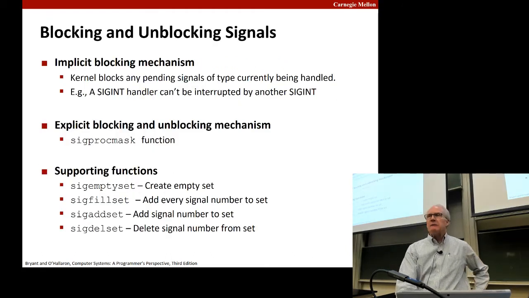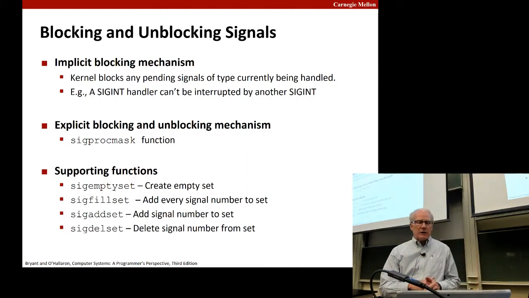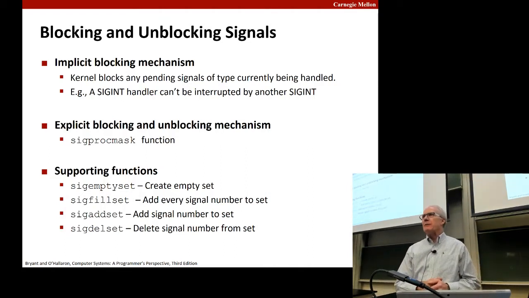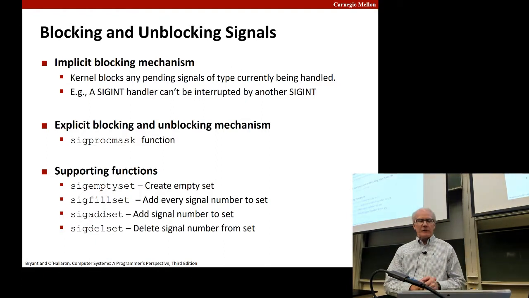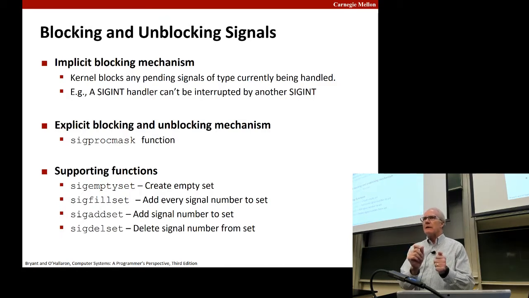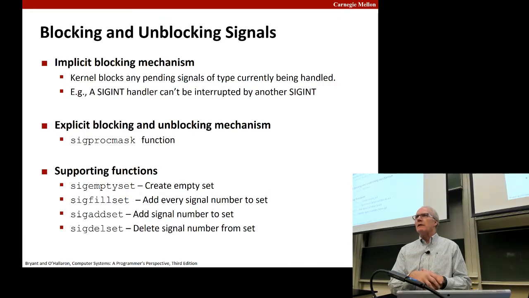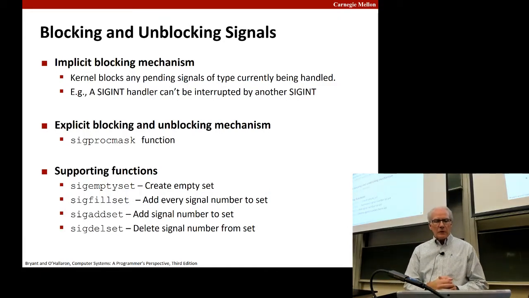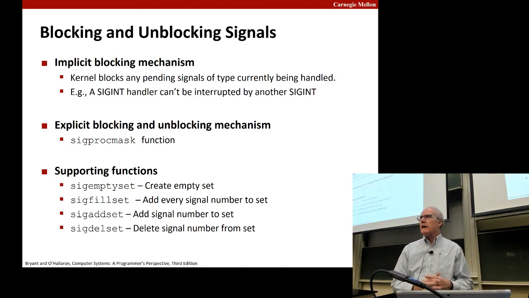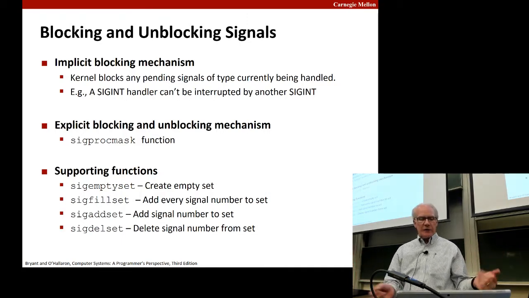And there's a kind of clunky way that you can set these up and specify which signals are blocked. Instead of having you specifically change these bit vectors, there's an API for it. You can create an empty set, meaning don't block any signals.